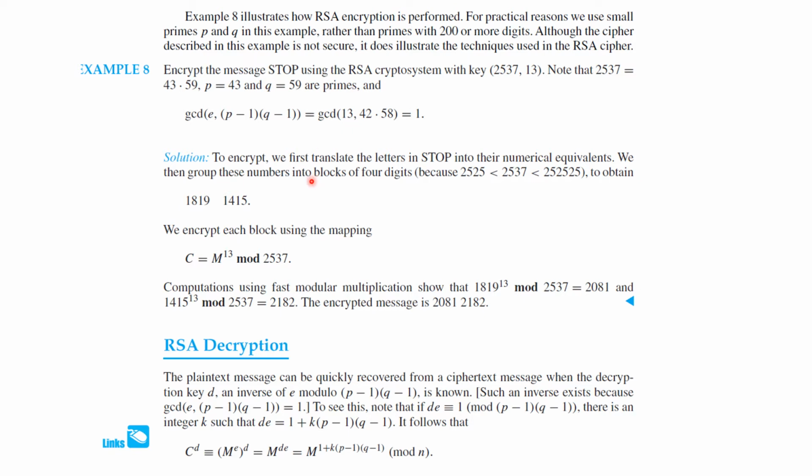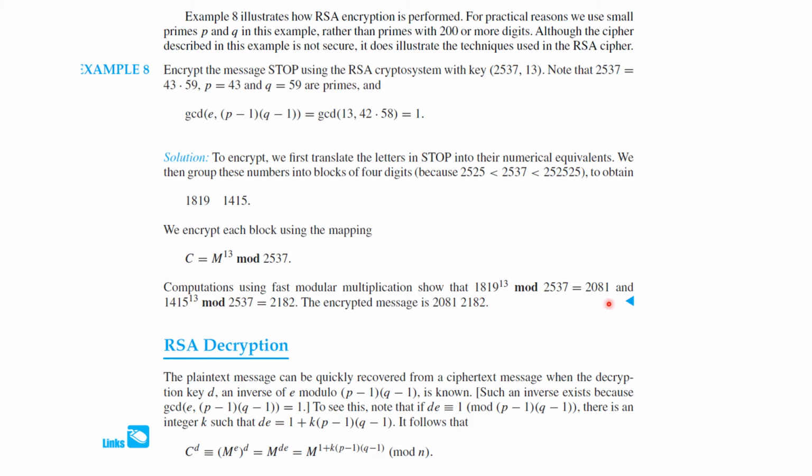Okay, so to encrypt, we first translate "stop" into its numerical equivalents. Because 2525 is less than 2537, we obtain these blocks. We encrypt each block using the mapping: the ciphertext is each block raised to the 13th power mod 2537. Now you should verify these computations.